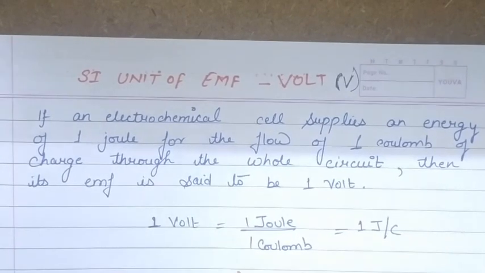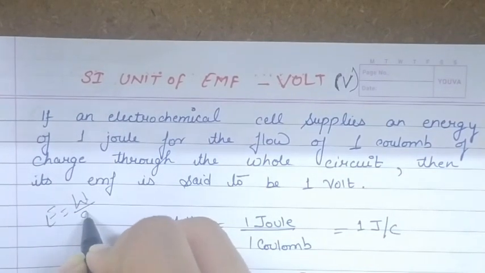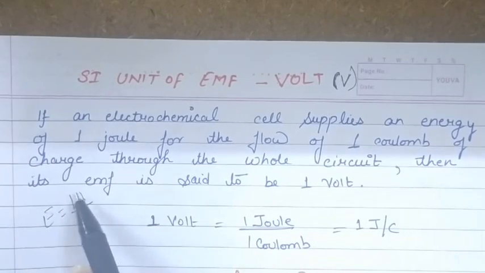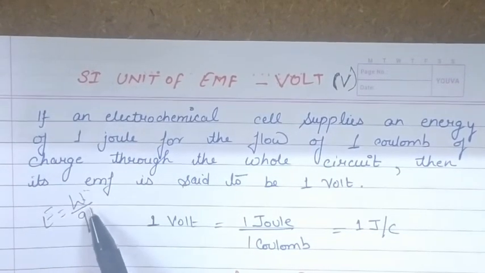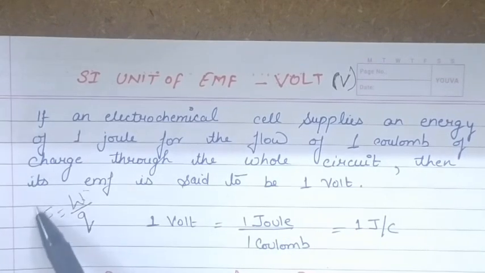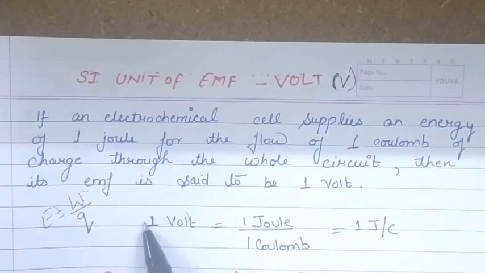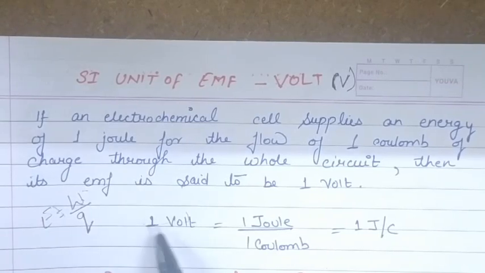We know that the EMF E is equal to W upon Q. If W is equal to 1 joule and charge Q is equal to 1 coulomb, then this EMF E will be 1 volt.